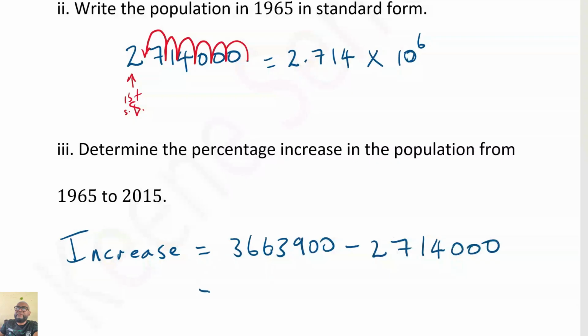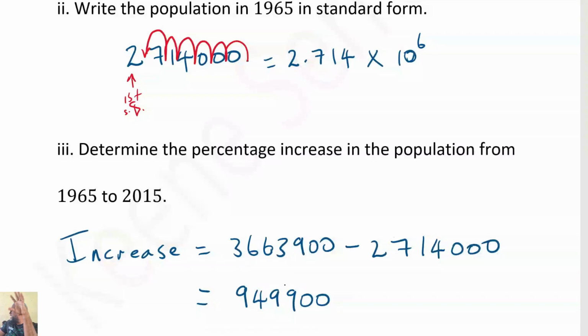What does this work out to be? 949,900. So this would be our increase in the population.